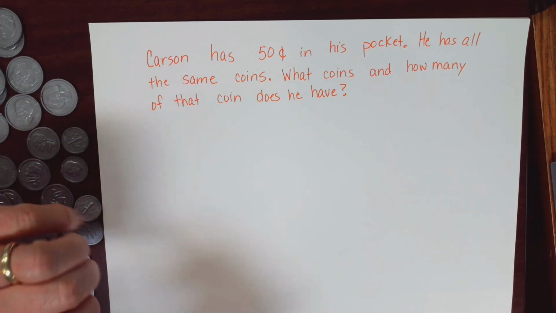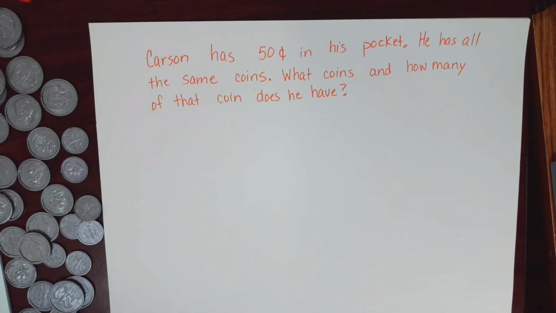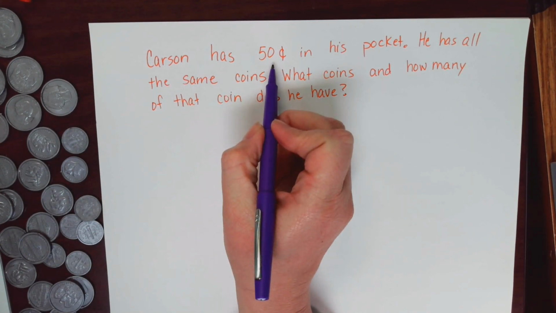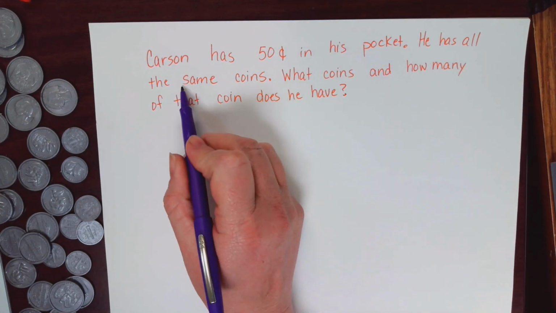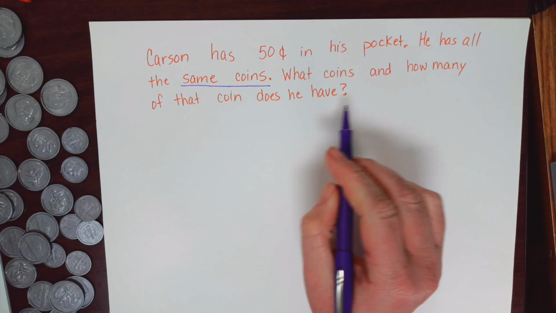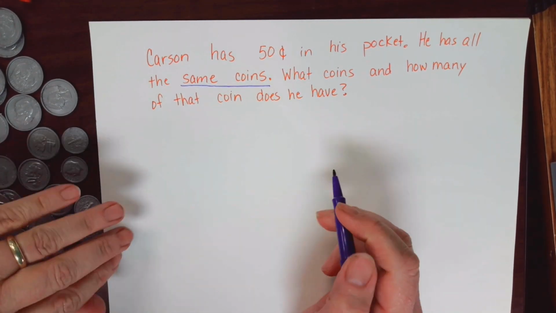So hopefully when you went to solve this, I'm going to change my marker, we're going to use some good common sense. So pulling out of our word problem, Carson has 50 cents in his pocket. He has all the same coins. What coins and how many of that coin does he have?